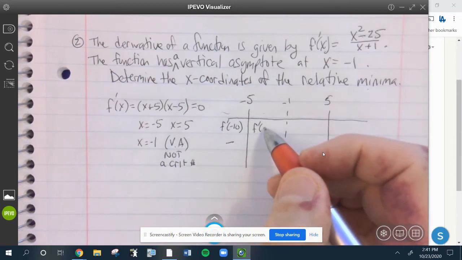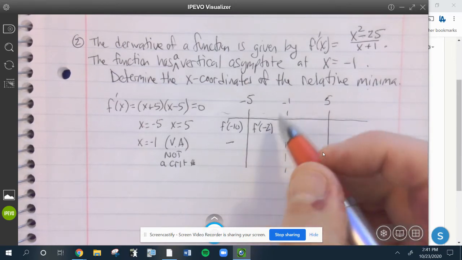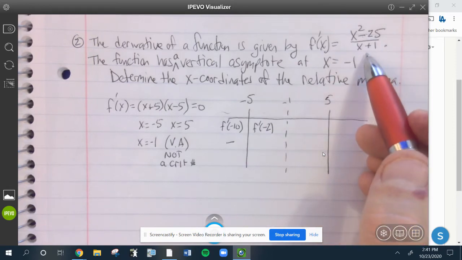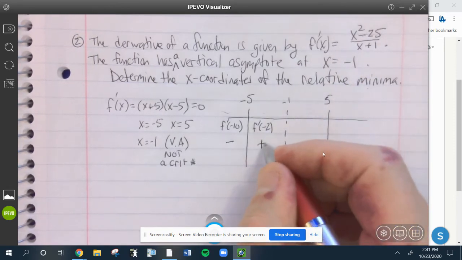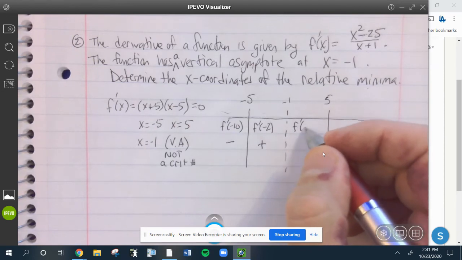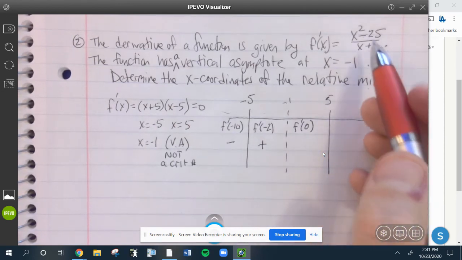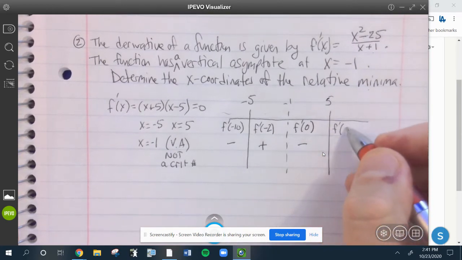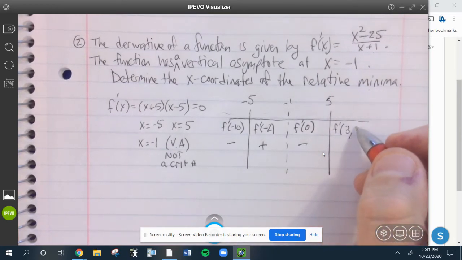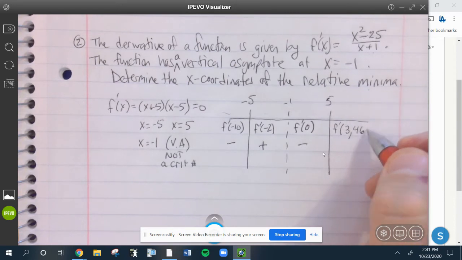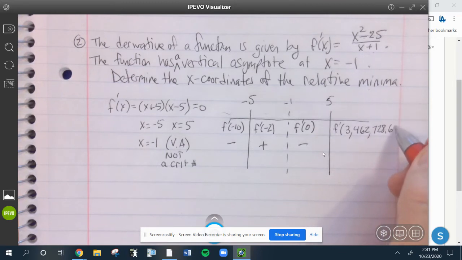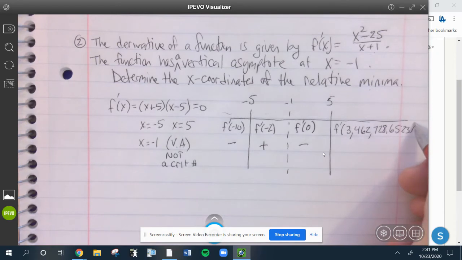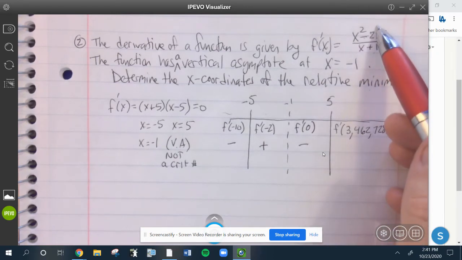F prime of -2, negative over a negative, f prime of 0, negative over positive, and f prime of 3,462,728.6523 is positive over positive.